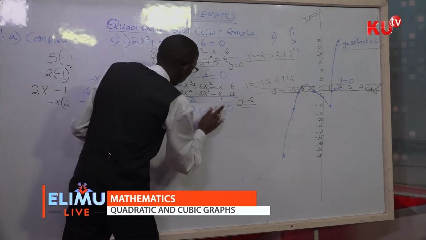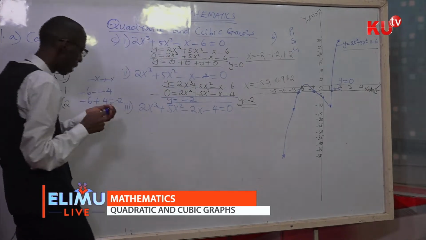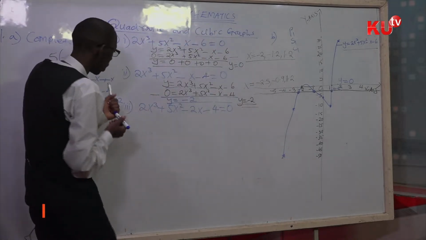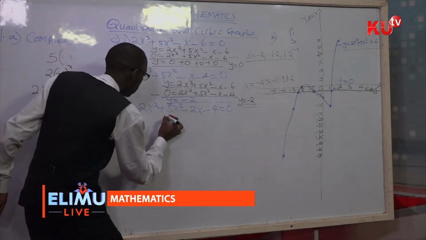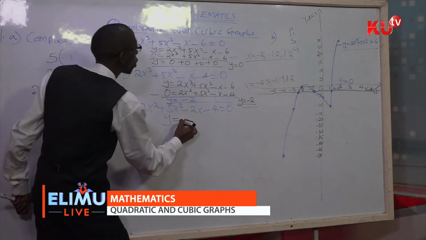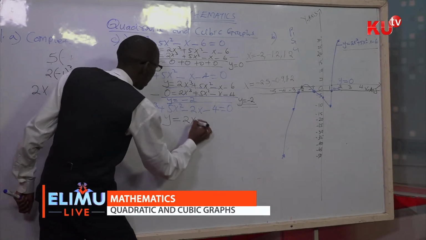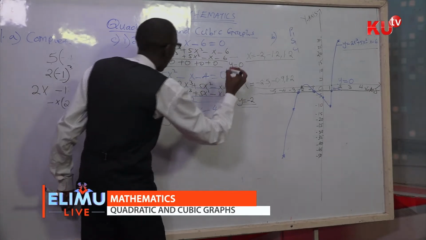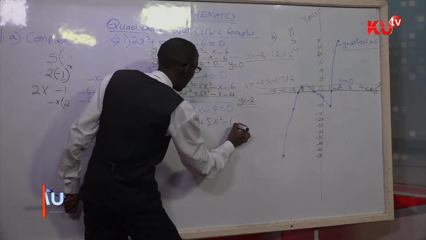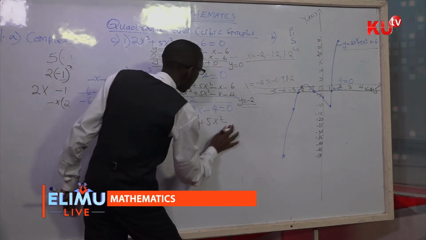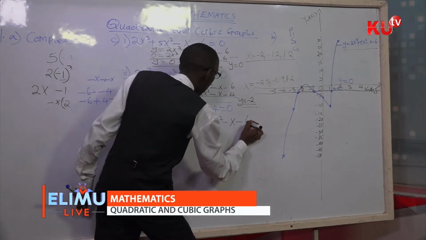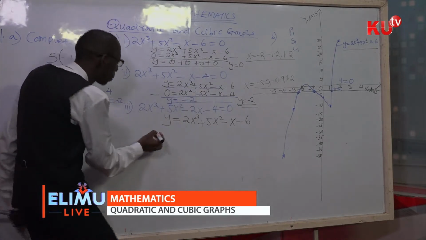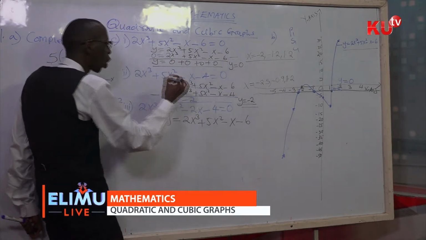Again, the concept is, this is negative 4. The concept is, take the equation of the graph: y equals 2x cubed plus 5x squared minus x minus 6.